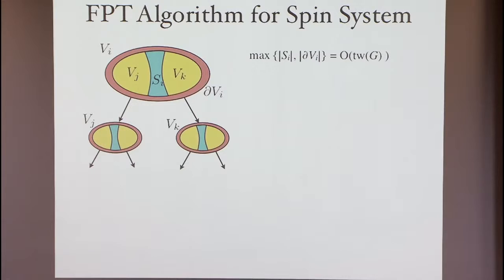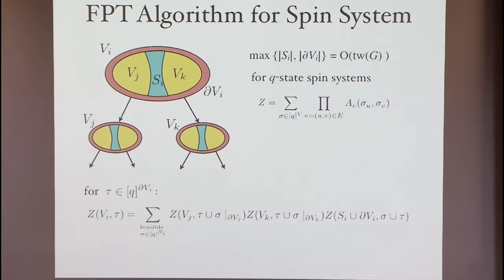Okay, so now with this kind of decomposition, it's almost immediate to get a dynamic programming algorithm for computing the partition function of spin systems. So given any vertex set Vi, we can recursively compute the partition function of the subgraph induced by this vertex set with an arbitrary boundary condition by enumerating all the possible configurations at the separator.